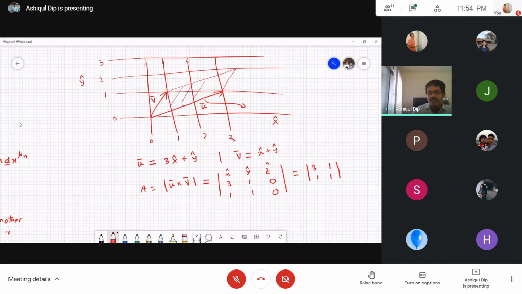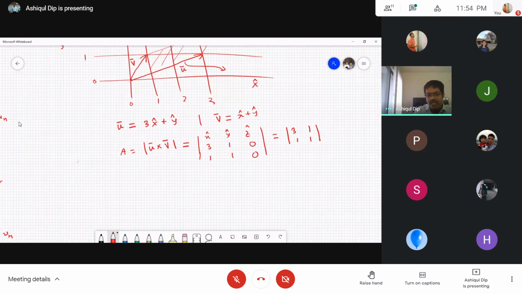So instead of having specific components, if we had u equals ux x hat plus uy y hat, and v equals vx x hat plus vy y hat, the area would be the determinant of ux uy, vx vy.